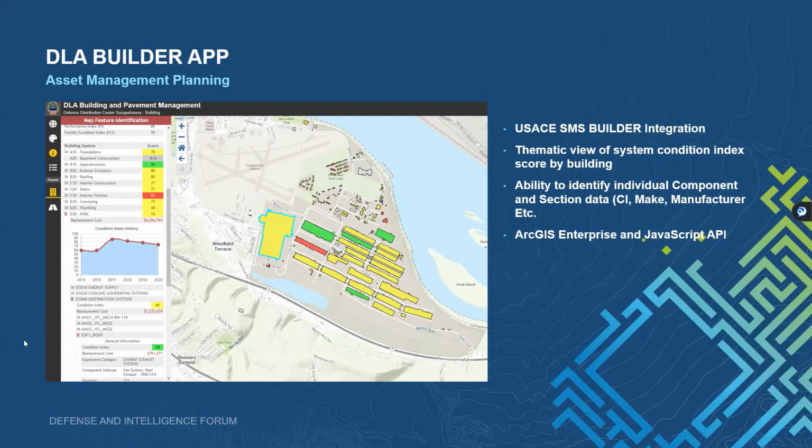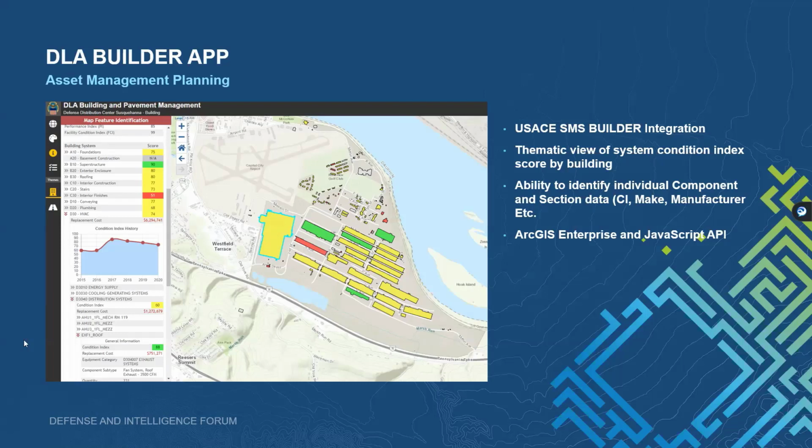This is integrating that builder data using an ETL process where we extract directly from the API and bring it into this graphical interface to give planners and anybody involved in asset management the ability to see these different systems thematically on the map and select those different themes and see, is the HVAC system within these certain buildings deficient? Is the roofing in certain other buildings deficient?